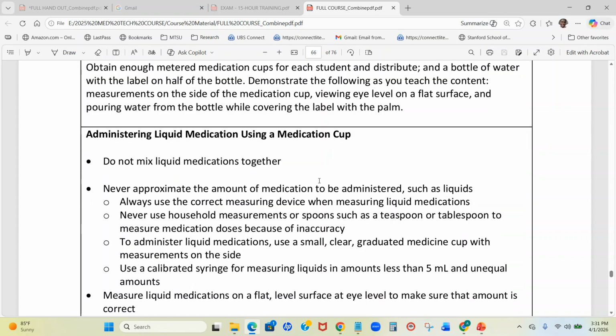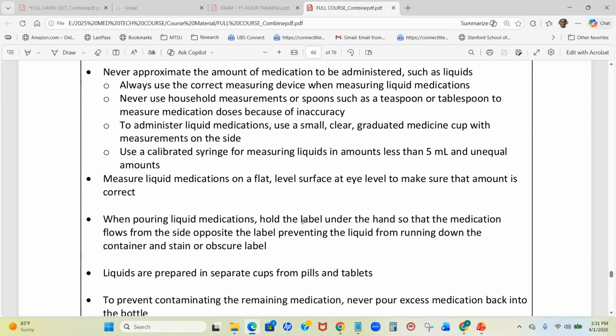Do not mix liquid medications together. Do not mix cough syrup with laxative. Don't do that. Never approximate the amount of medication to be administered, such as liquids. Always use the correct measuring device when measuring liquid medications.